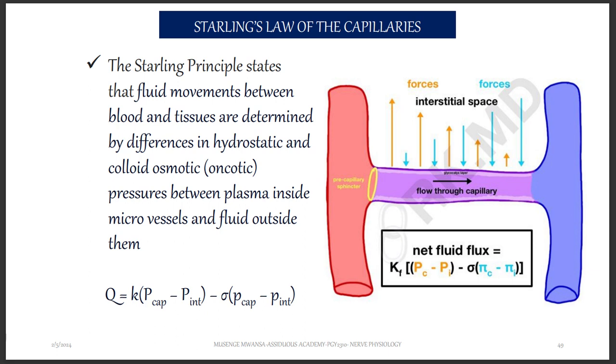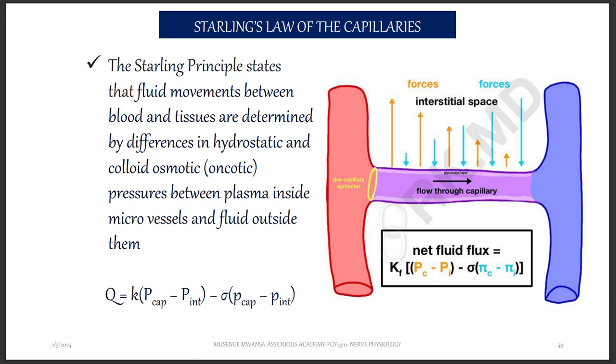And that blood that goes out of the blood vessels becomes the interstitial fluid. The force that tries to push things out of the blood vessels is known as colloidal pressure or oncotic pressure. And the one which tries to keep things inside the blood vessels is known as the osmotic pressure.